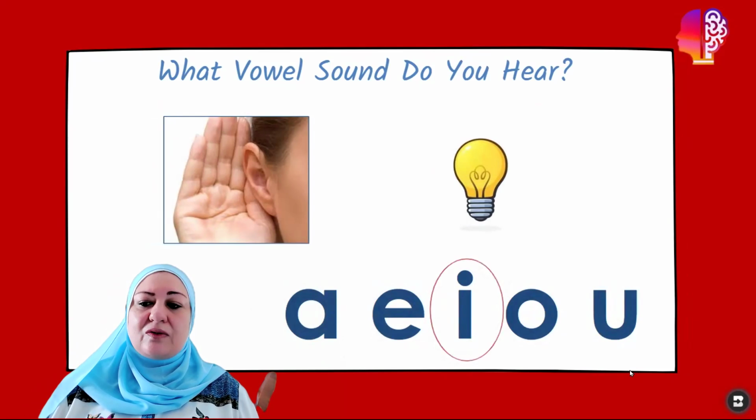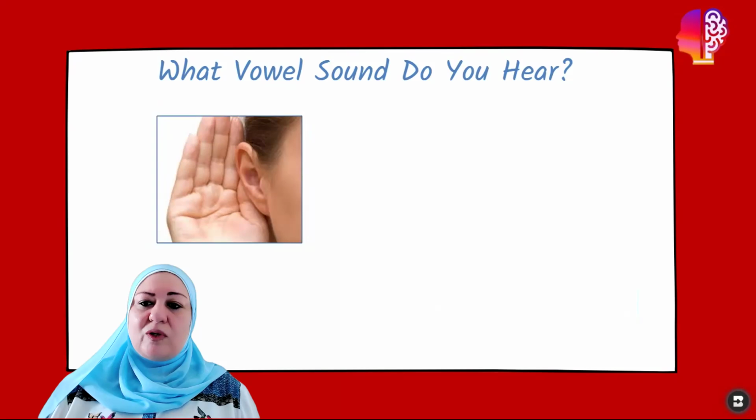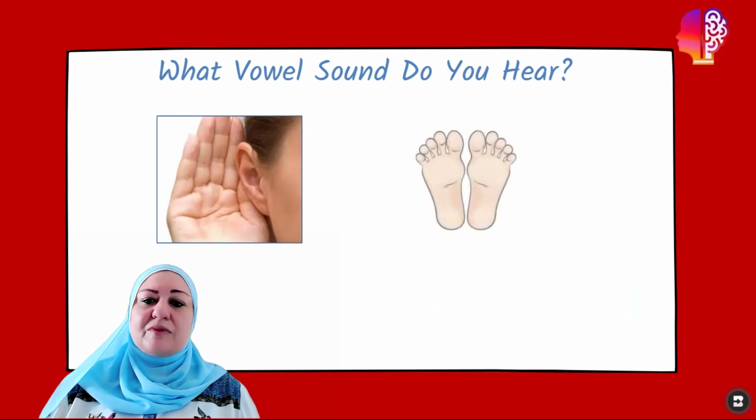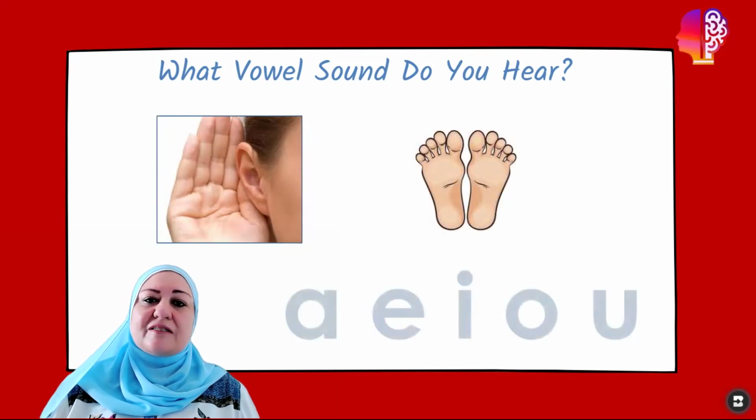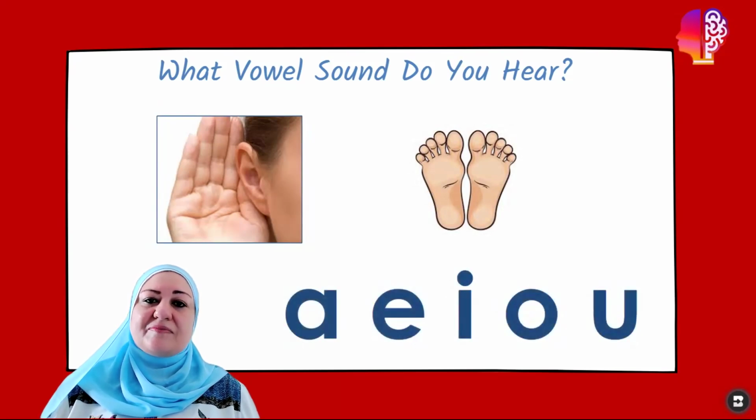Okay, you hear the long I sound in the middle of the word light. What vowel sound do you hear in the middle of the word feet? You hear the long E sound in the middle of the word feet.